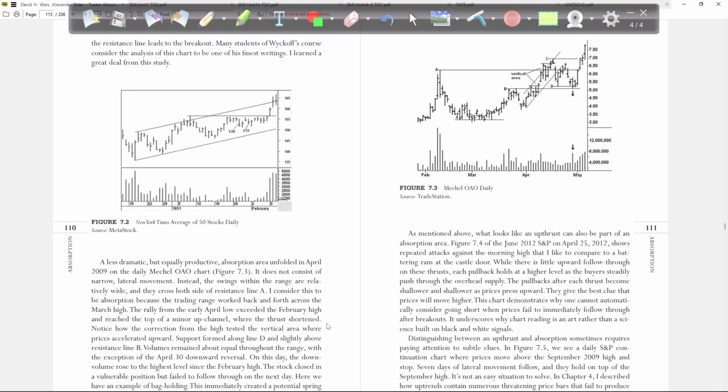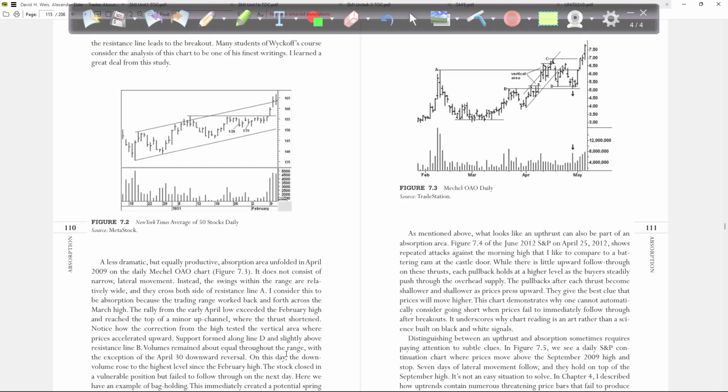Where the thrust shortened, notice how the correction from the high tested the vertical area where prices accelerated upward. Support formed along line D and slightly above resistance line B. Volumes remained about equal throughout the range.